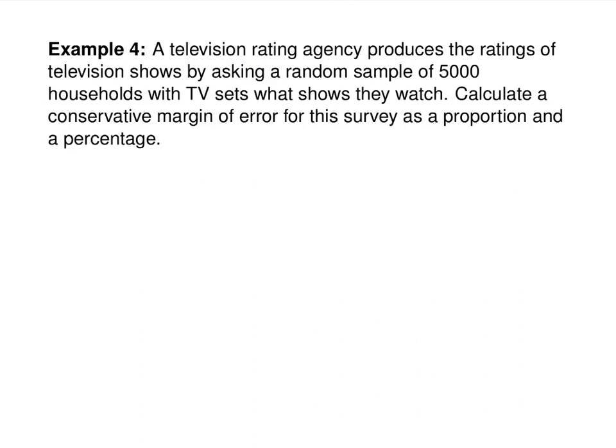So, for example, a television rating agency produces the ratings of TV shows by asking a random sample of 5,000 households with TV sets what shows they watch. Calculate a conservative margin of error for this survey as a proportion and a percentage. So we use that 1 over root n formula, or 1 over root 5,000.